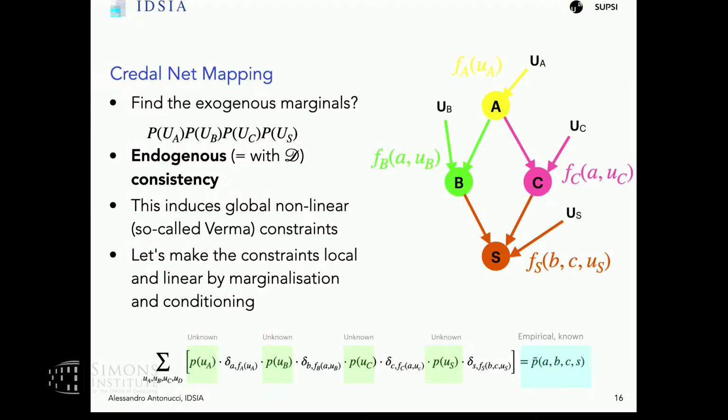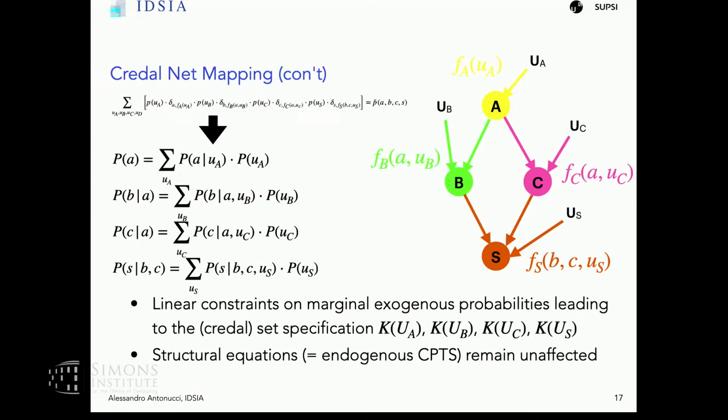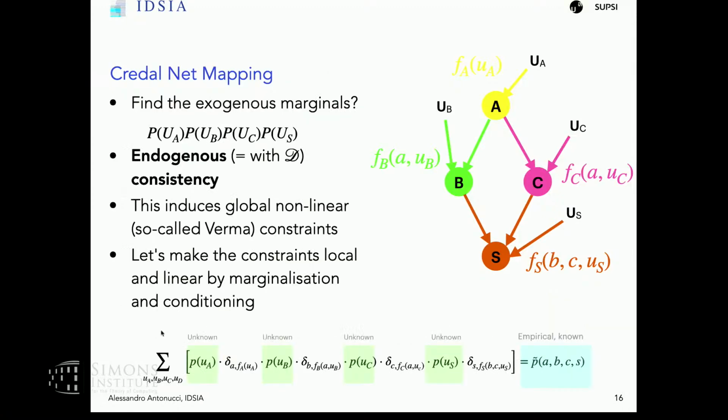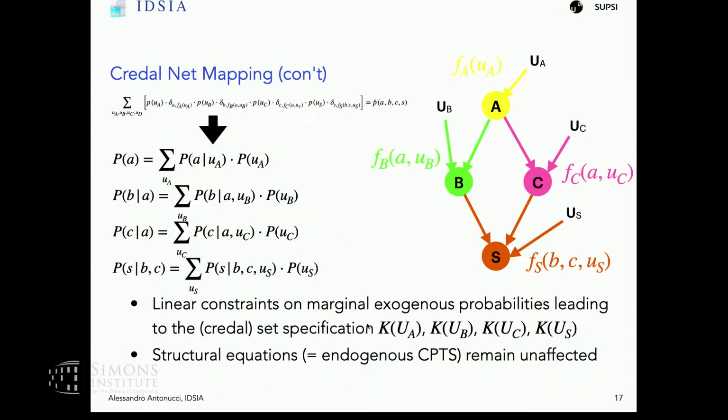And in fact, let me show you the mapping. The mapping basically reduces these global and nonlinear constraints with respect to the P of U to a collection of local constraints, one separate constraint for each latent variable, and linear constraints. So we decompose the global constraints into linear ones, and this gives you a proper credal network specification. In the Markovian case, where you have a single U for each variable, this is trivial.